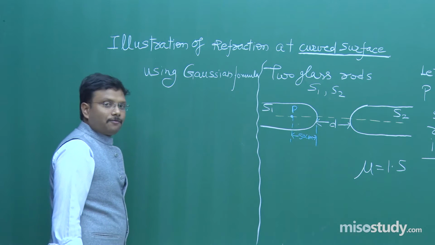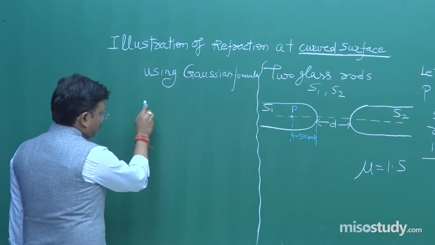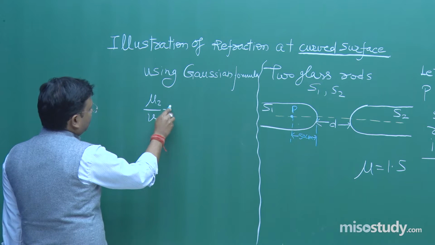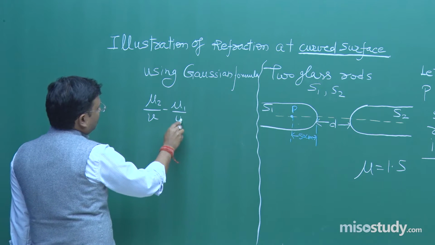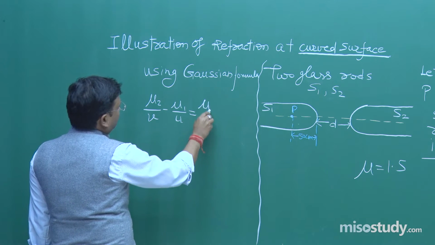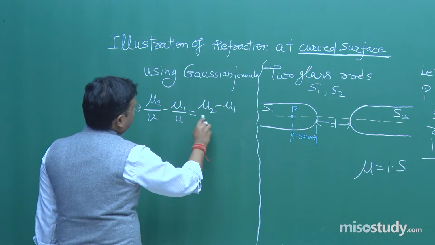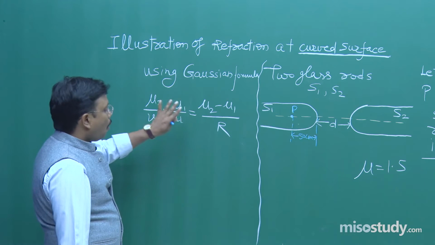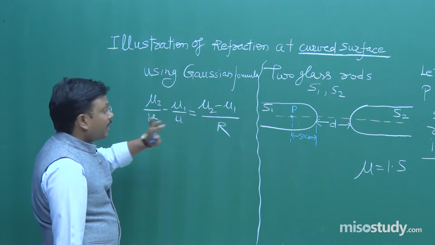And what was the Gaussian formula? That was mu2 upon V minus mu1 upon U is equal to mu2 minus mu1 upon R. This result we explained.